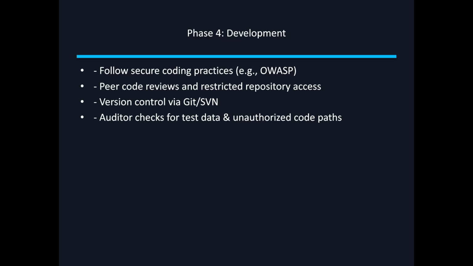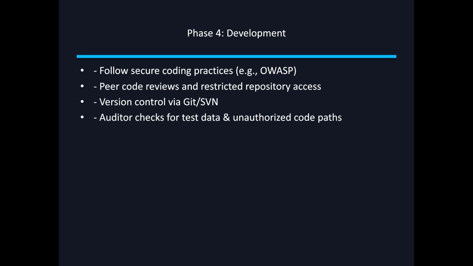So make sure that the process is documented, the vendor selection goes through hard due diligence, and secure coding practice is being followed. We have an established change management process where the code is reviewed and tested by peers.